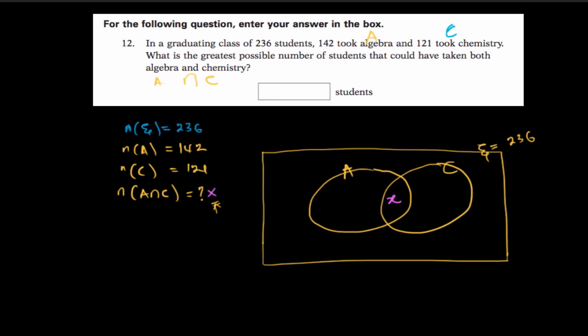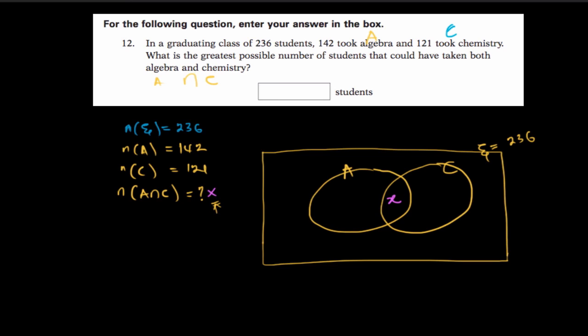According to the information we have, the number of students that took algebra, the cardinality of A, equals 142. Intuitively you could think about that as the area of this whole circle being 142.